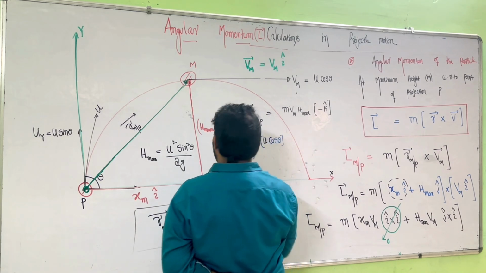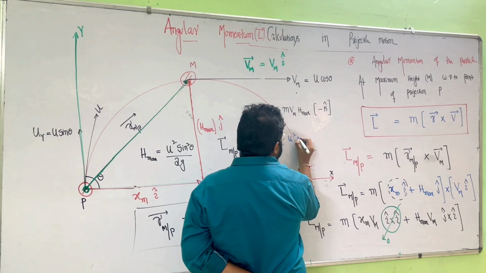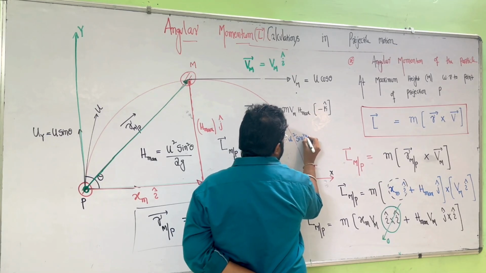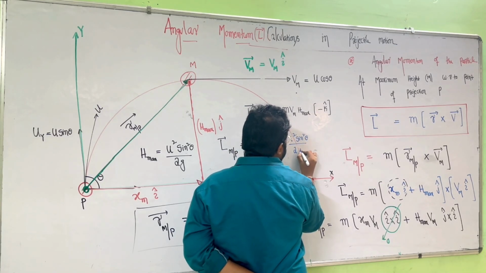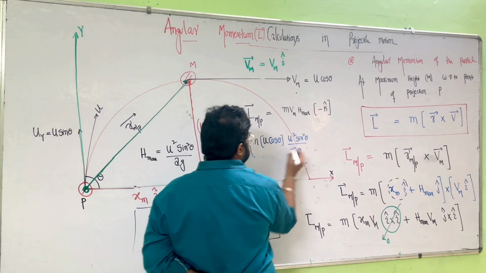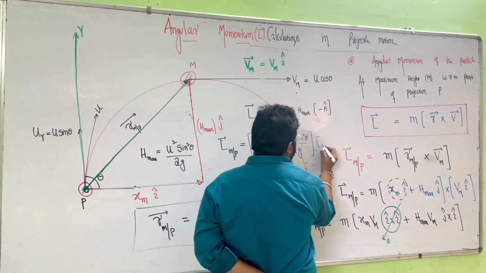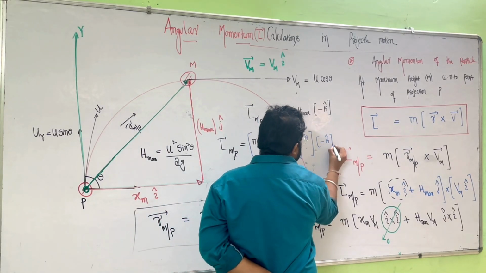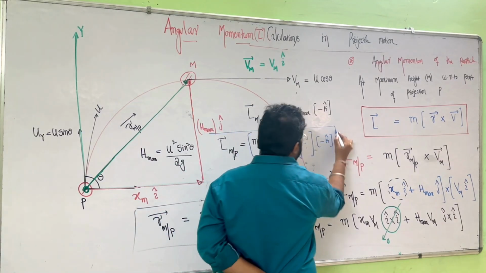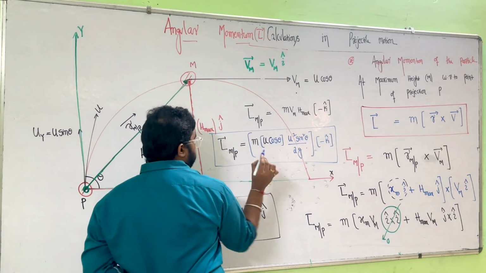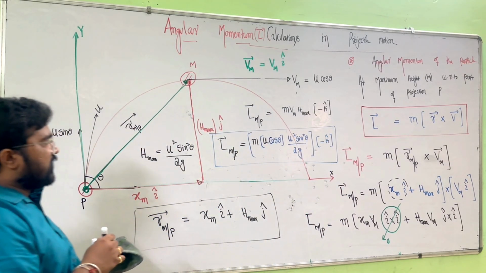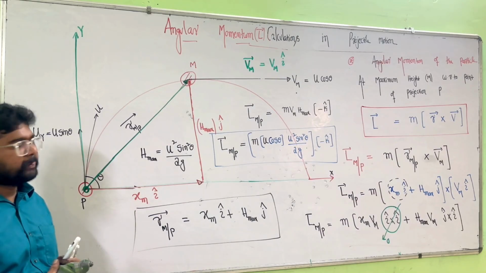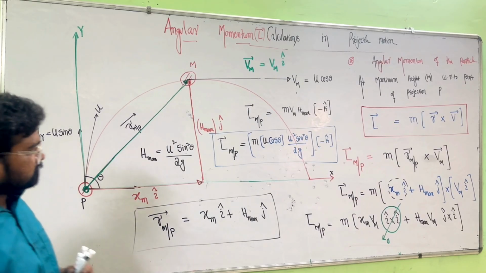H maximum equal to how much? U square sin square theta by 2G along negative Z axis. Write down up to here. Completed.